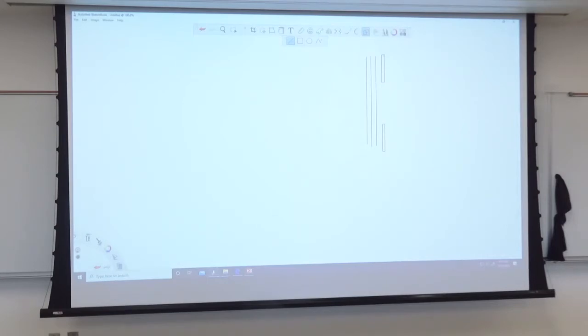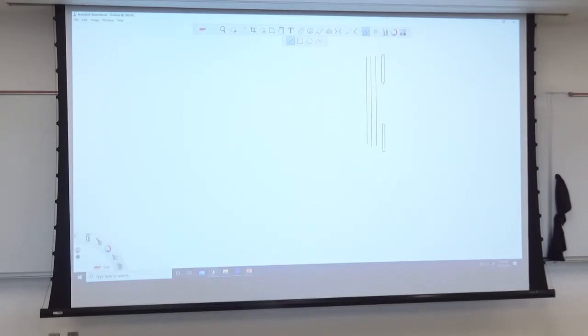And we talked about Huygens principle last time. Huygens says that when the light hits the single slit, the light goes through the slit.